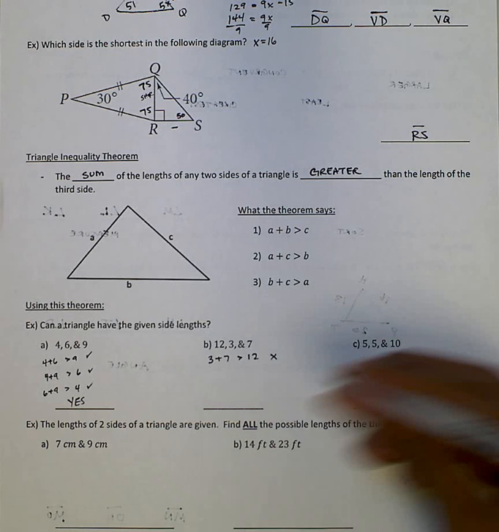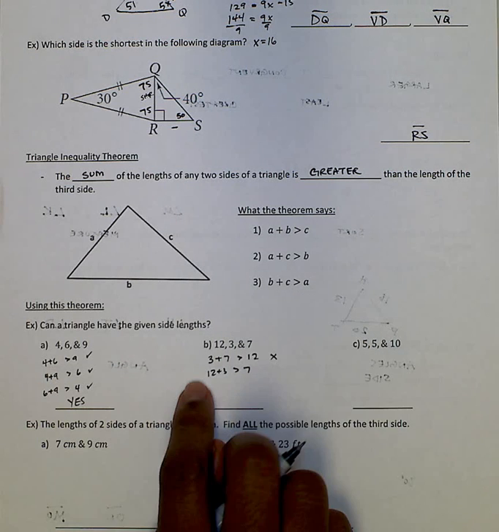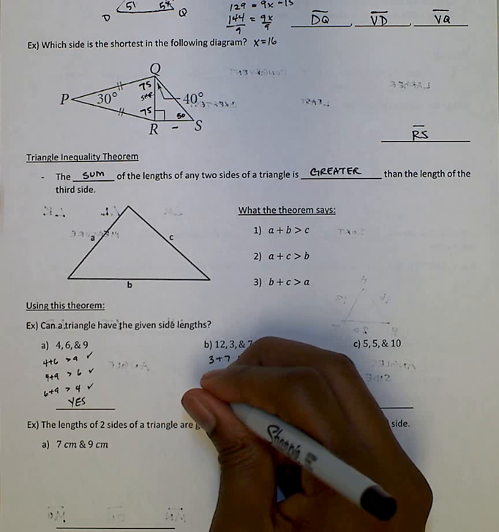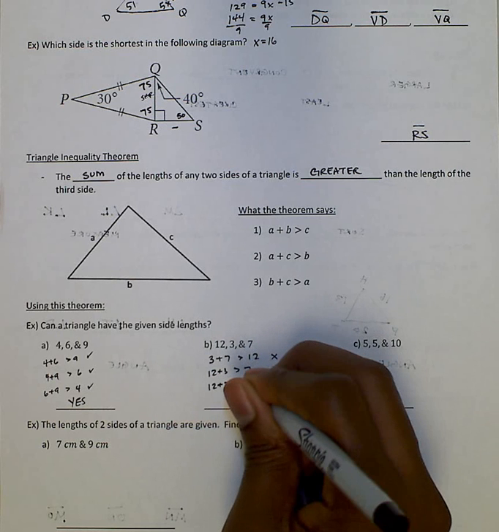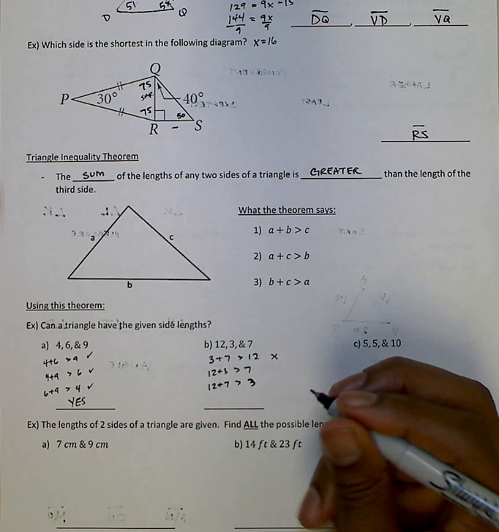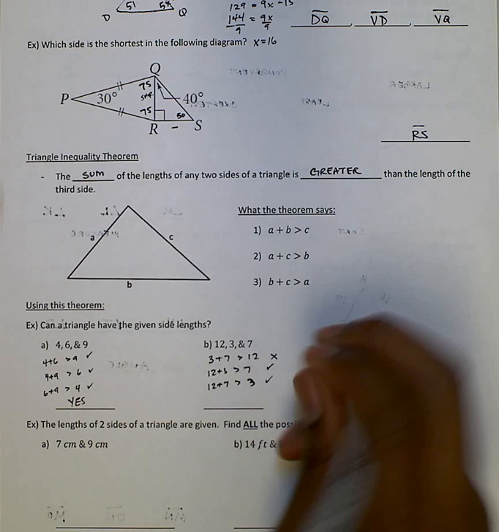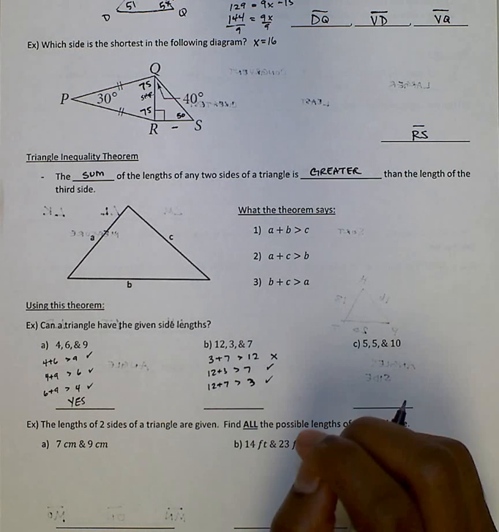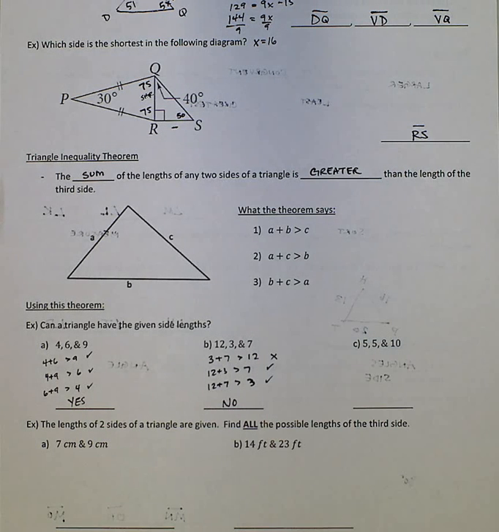If we did all of it, we'd say, okay, is 12 plus 3 greater than 7? Well, obviously, because 12 is greater than 7. Is 12 plus 7 greater than 3? Well, obviously, because 12 is greater than 3. Or 7 is greater than 3 as well. So these two have to work. Check the smaller two sides and see if it's greater than the third. Remember, only one of them isn't going to work.